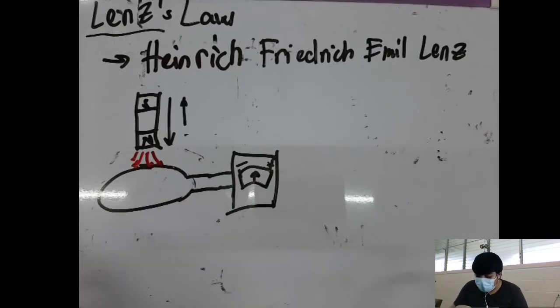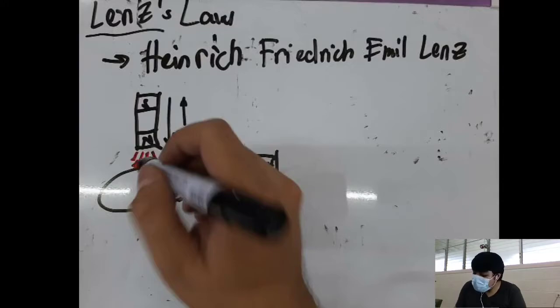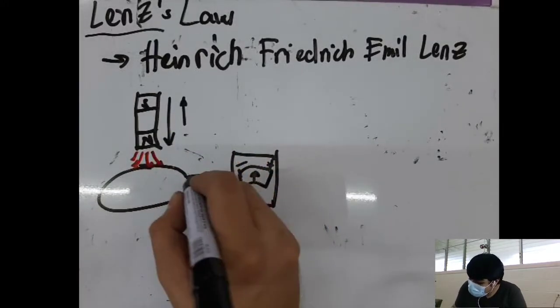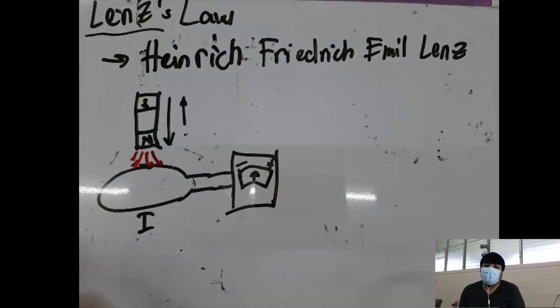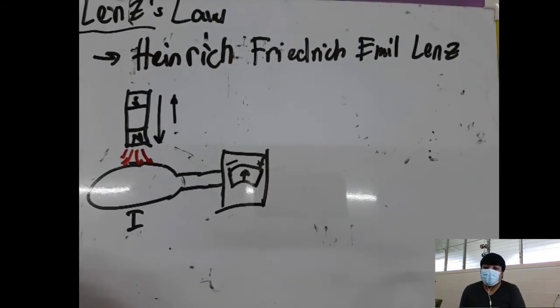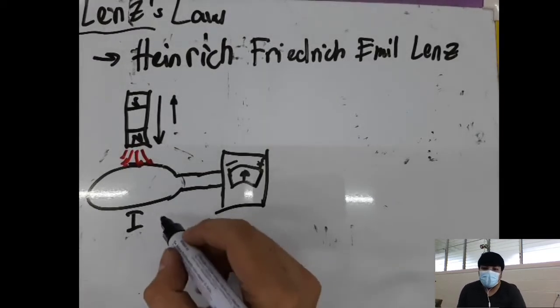Okay. Now, since there is a movement and since there is a change in magnetic flux, obviously there will be a current going through here, okay? Now, however, what will be the direction of the current? That we do not know. So Lenz's law focuses not on the direction of the current, but rather the direction of the magnetic field that this induced current produces.